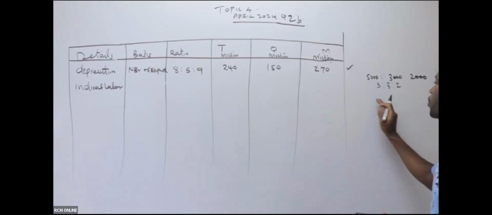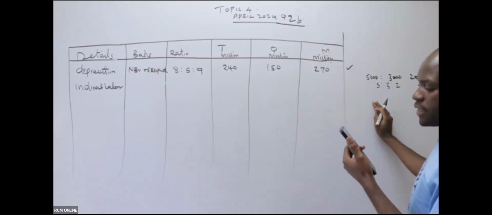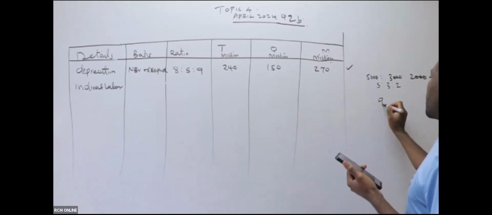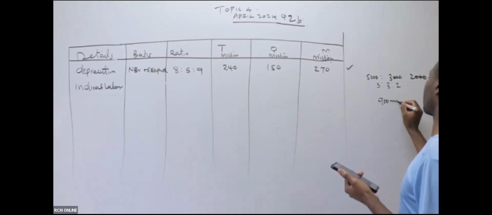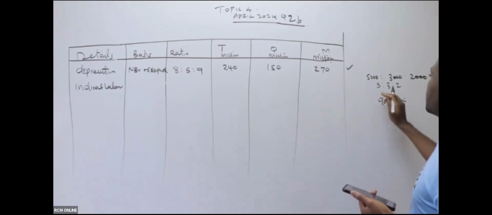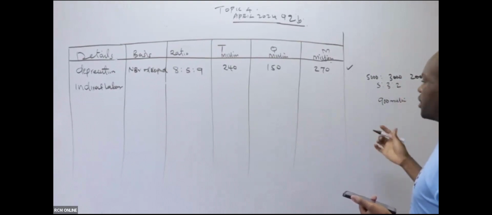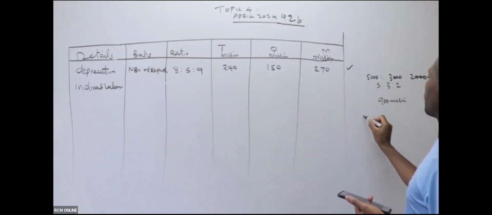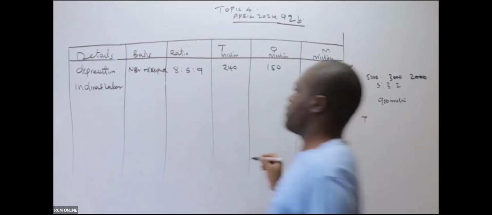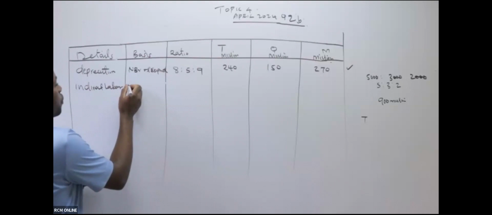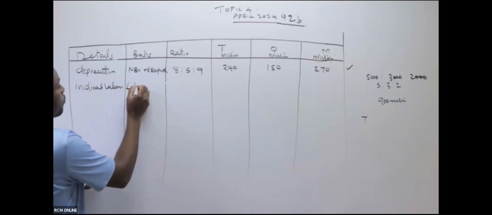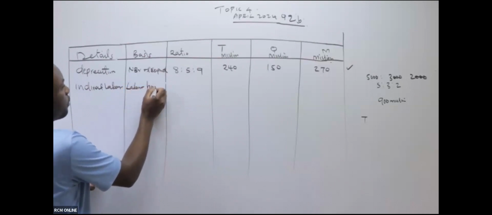Having done that, come down here and give us the total amount to be distributed, 900 million. Once you have that, add this. When you add everything, we'll be getting 10, right? That is the basis.